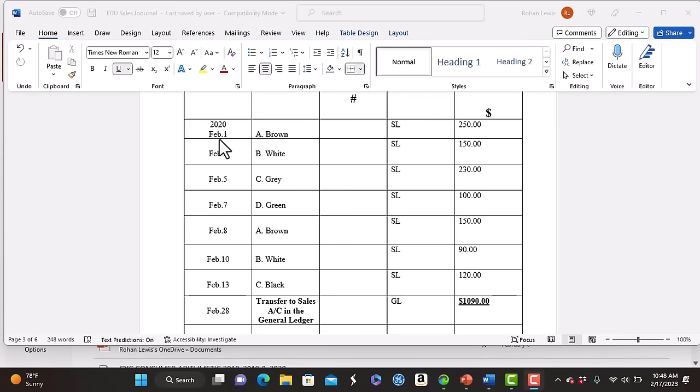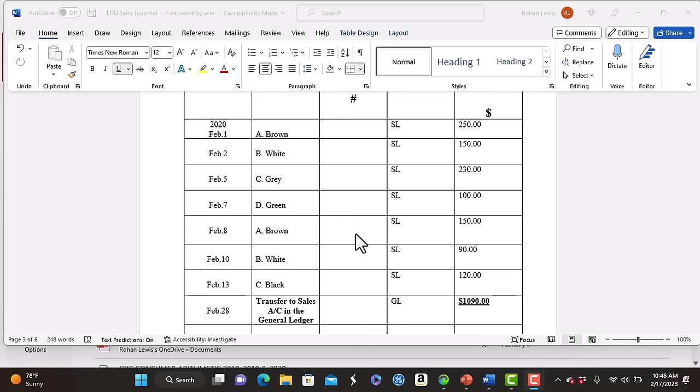February 1, A. Brown, sales ledger 250. February 2, B. White, sales ledger 150. February 5, C. Gray, sales ledger. And although I'm saying sales ledger, let us know that this is a folio. SL stands for sales ledger. So we were at February 5, C. Gray, sales ledger 230. February 7, D. Green, sales ledger 100.